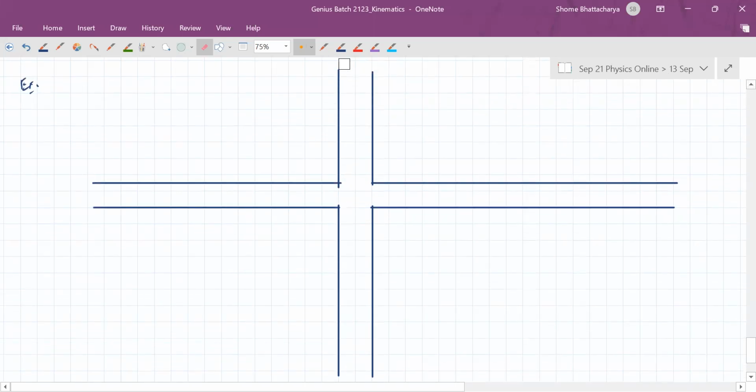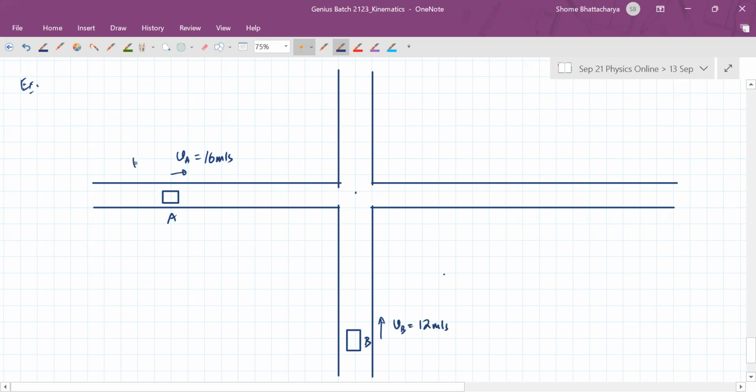Now we have two cars that are simultaneously moving towards the intersection. So let's say A and B are two cars like this. Now A is moving with a uniform velocity of, let's say, 16 meters per second, and B is moving at the same time with a uniform velocity of 12 meters per second towards this intersection.